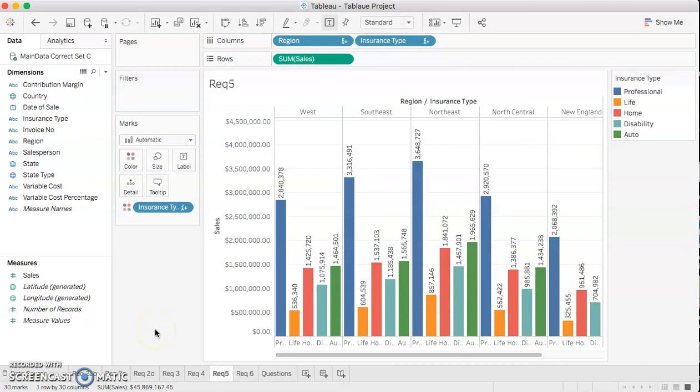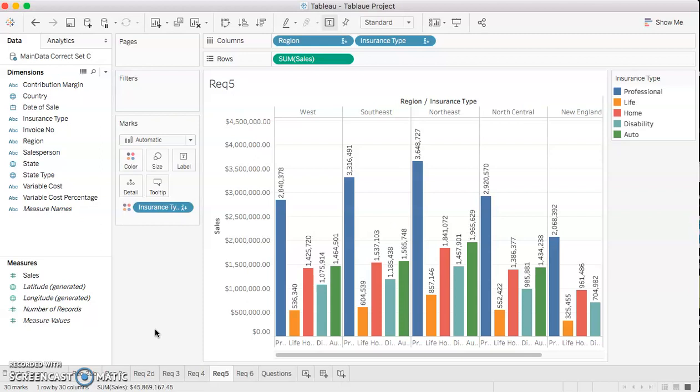Alright, so now I've moved on to requirement 5, where I'm going to discuss the different types of insurance. As salesperson was a part of the data set, so was the type of insurance that the sale was made. With that, we can calculate the number of sales for each insurance type. This chart breaks it down by which region you're in, as well as the insurance sold.